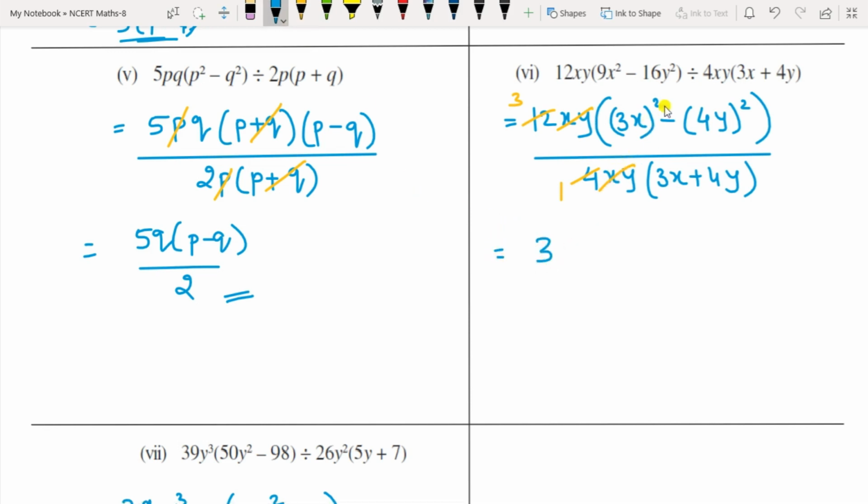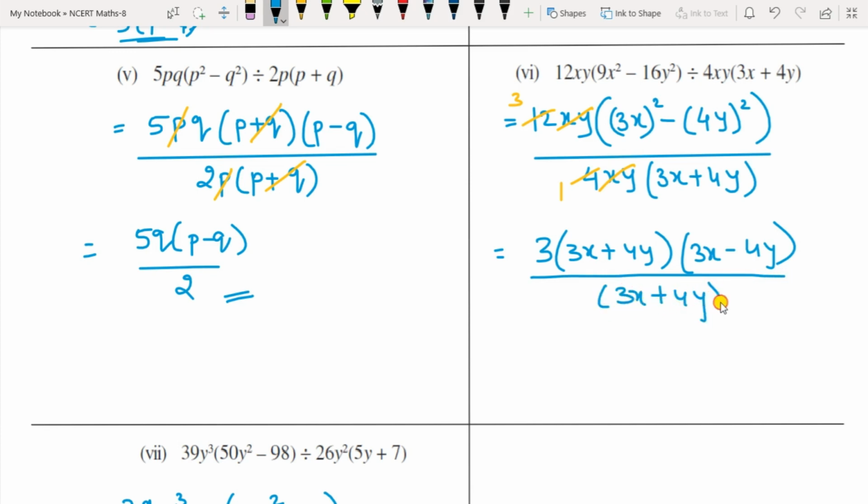Now a square minus b square is a plus b, a minus b, the whole upon 3x plus 4y. Now cancel these like terms. So it will be 3x minus 4y. That's the answer.